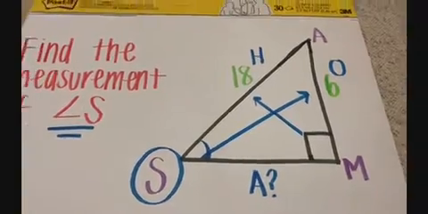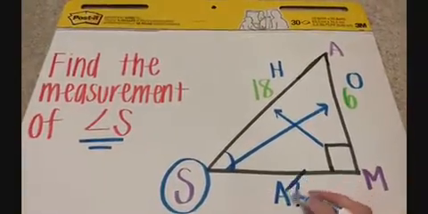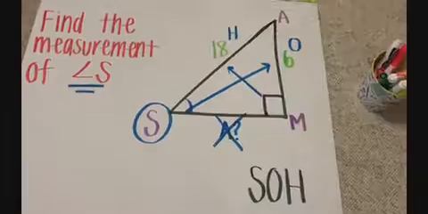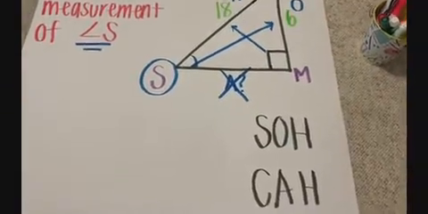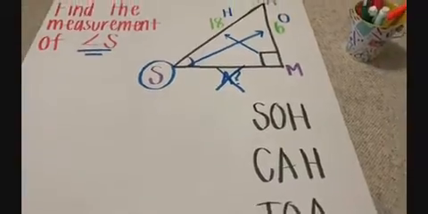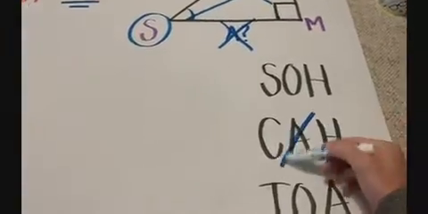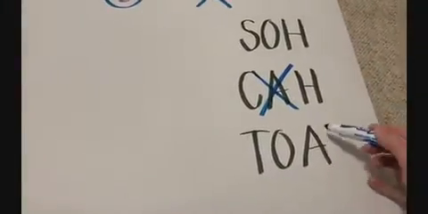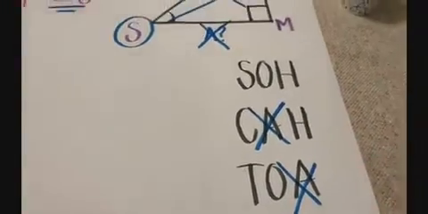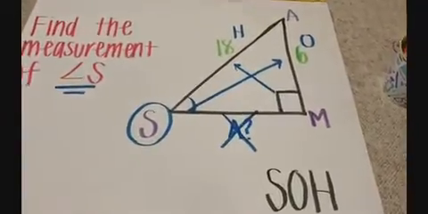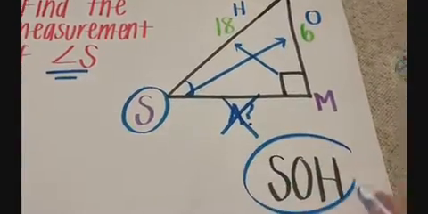So what we are going to do is eliminate this from our choices. Because we have eliminated A from our solving method, we can now eliminate CAH and TOA because they both have A's. What we are going to use to solve is SOH.